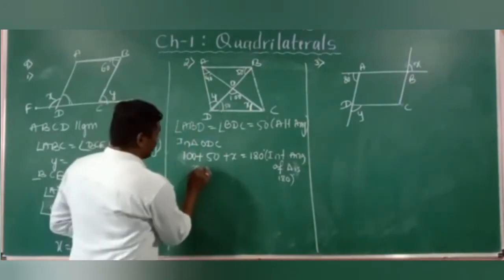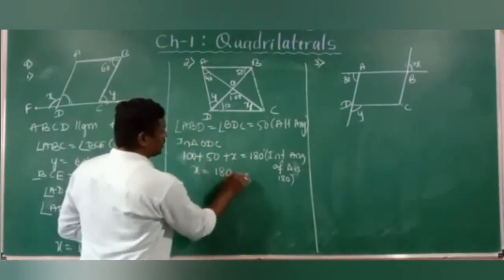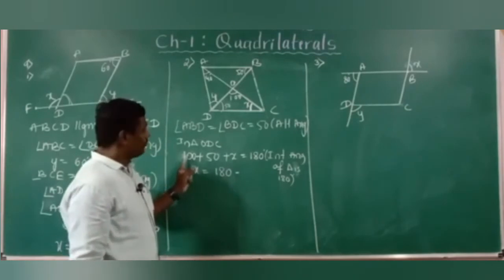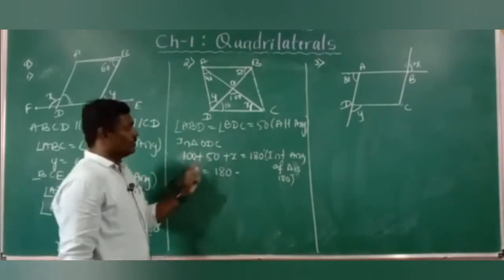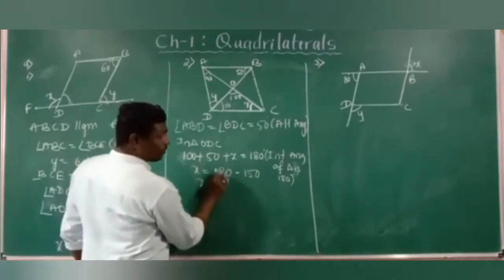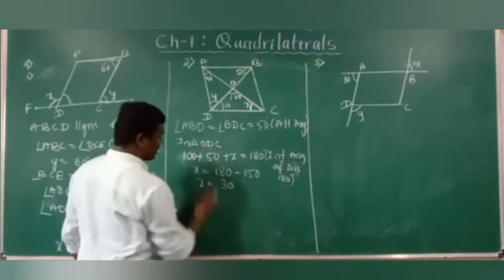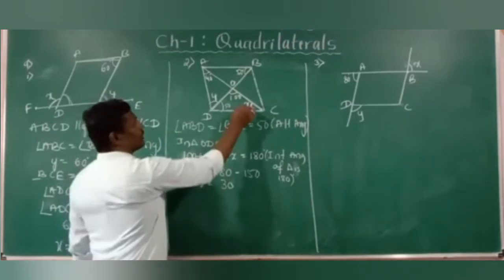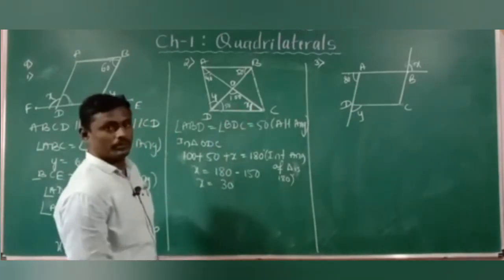So x is equal to 180 minus 150, which is 30 degrees. So here the x value is 30 degrees, right?